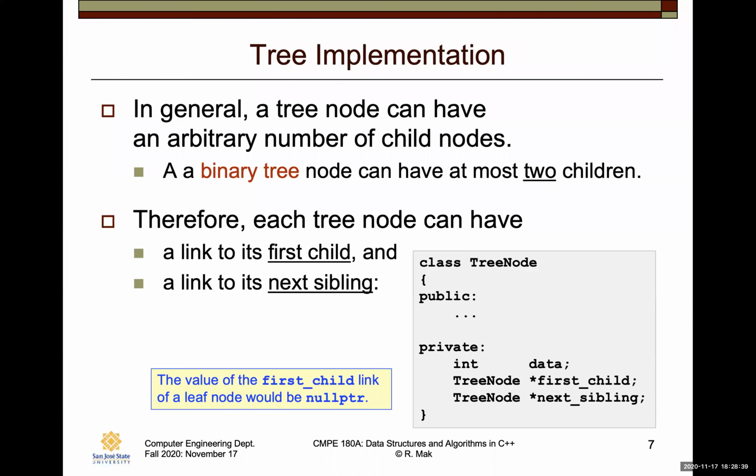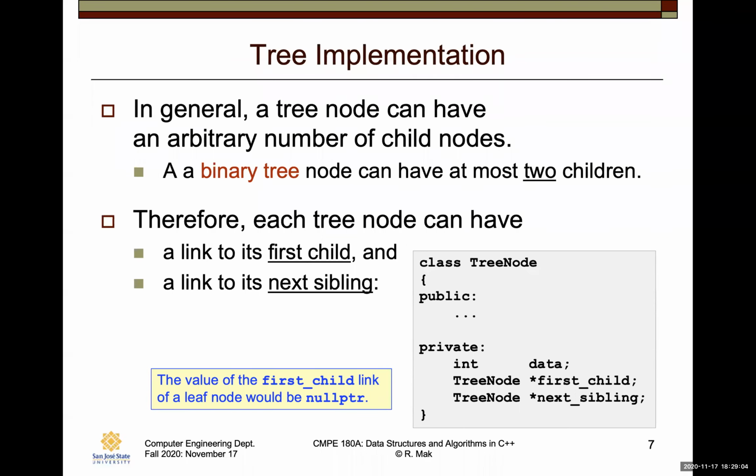Now, I mentioned that in a tree, every node has exactly one parent, right? And so it's possible that you might want a parent link here to point back up to the node's parent. Depending on the application, you may or may not need each node to have a pointer back up to its parent.